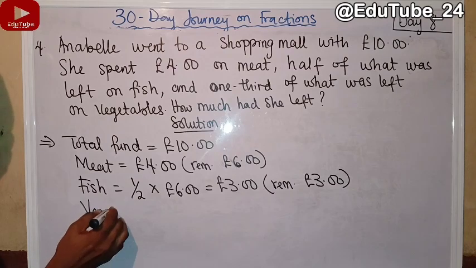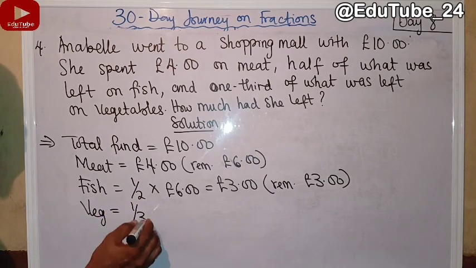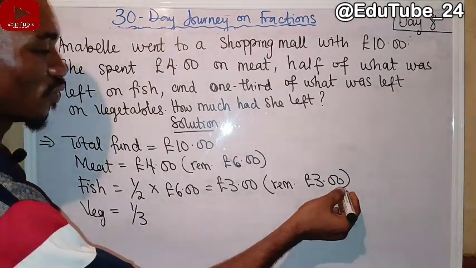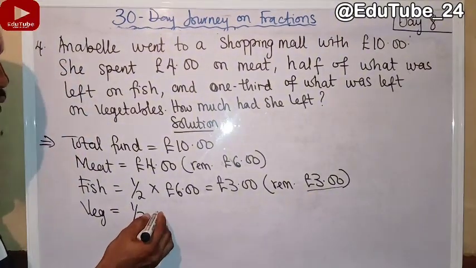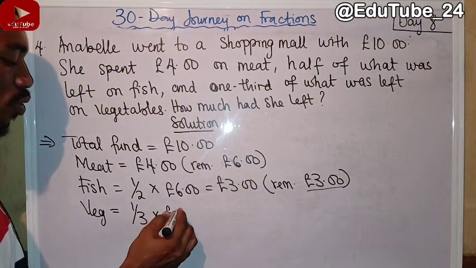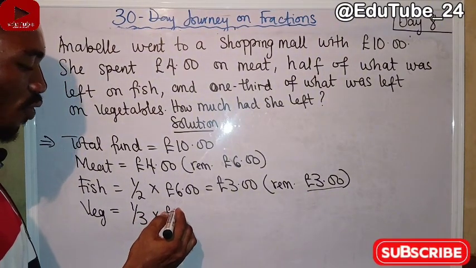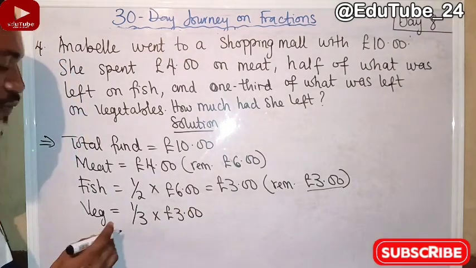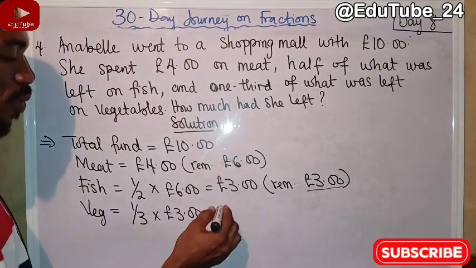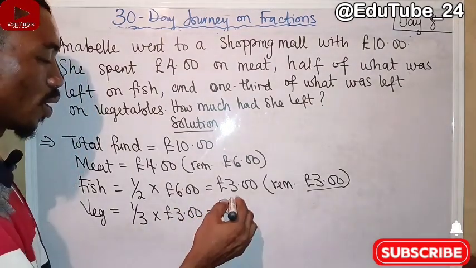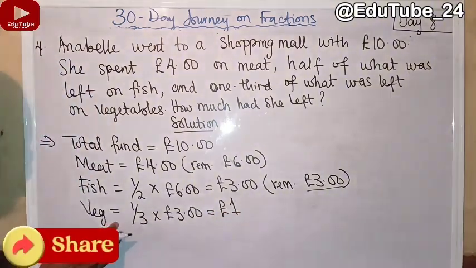So she spent 1/3 of what was left. What was left is now £3. So she spent 1/3 of £3 on vegetables. 1/3 of £3 will give us £1. I mean, she spent £1 on vegetables.